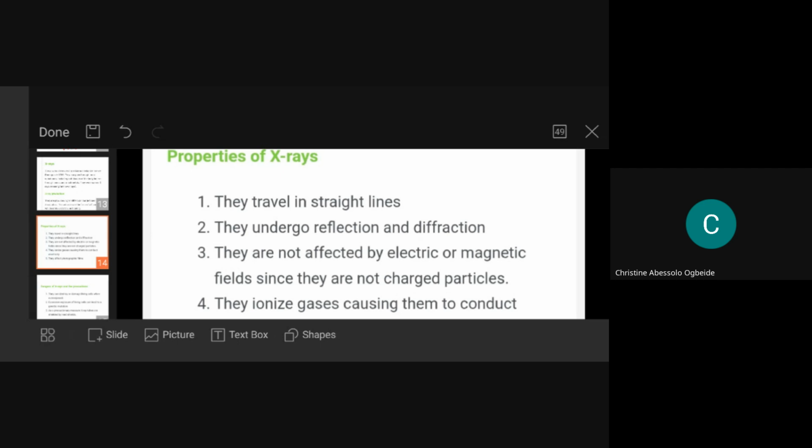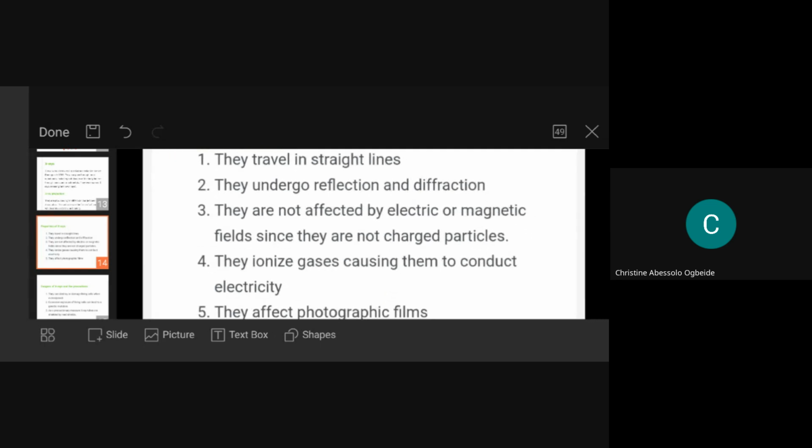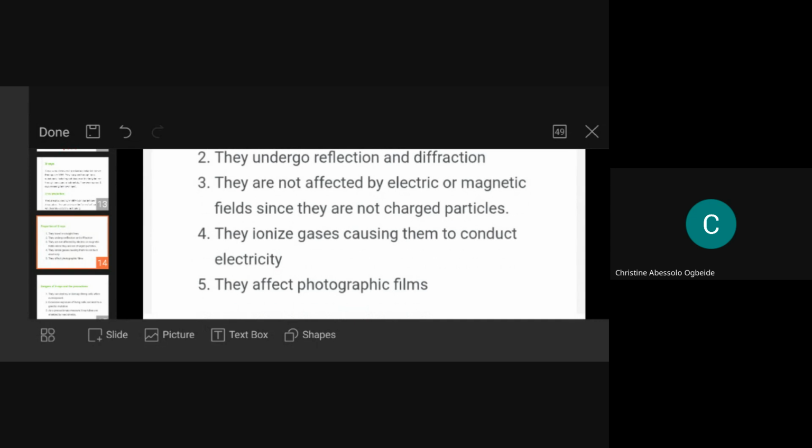So X-rays undergo reflection and diffraction. They are not affected by electric or magnetic fields because they are not charged particles. All right. So if they were to be positively or negatively charged, they would have had an effect in either of these fields. They also ionize gases, causing them to conduct electricity, and they affect photographic films.